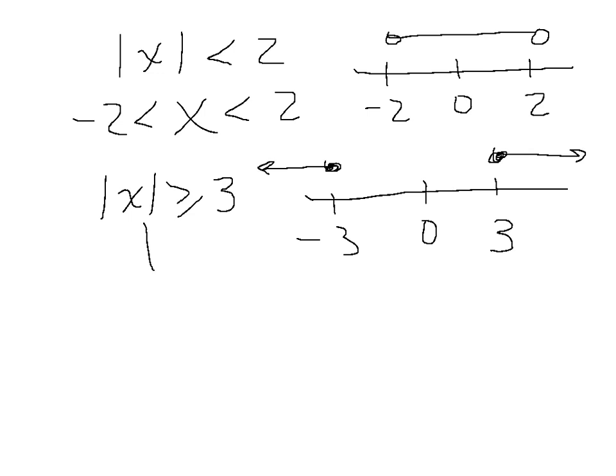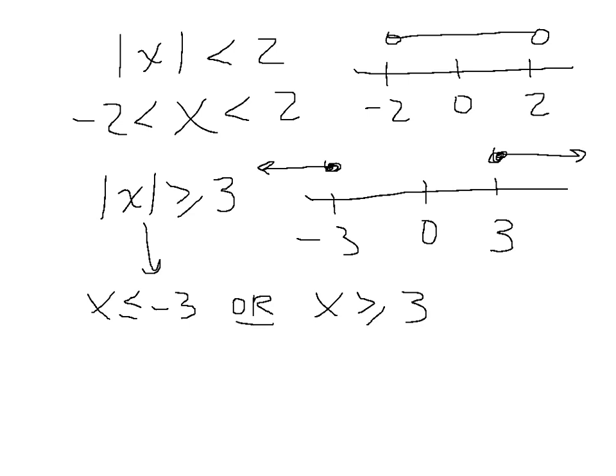So what this means is that this translates to x is less than or equal to minus 3. What's the word here? Or. It could be either one, so it's an or. x is greater than or equal to 3.